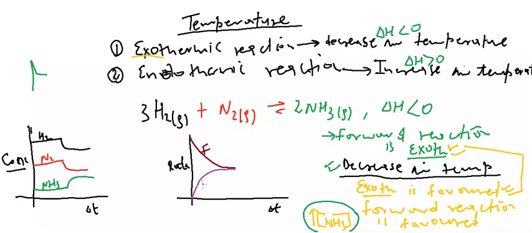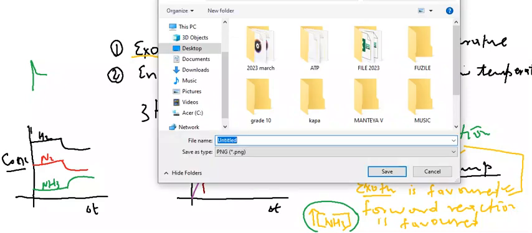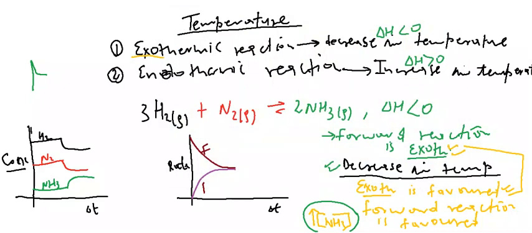This one represents a reverse reaction. When you decrease the temperature, the rate of reaction decreases because the particles lose kinetic energy.